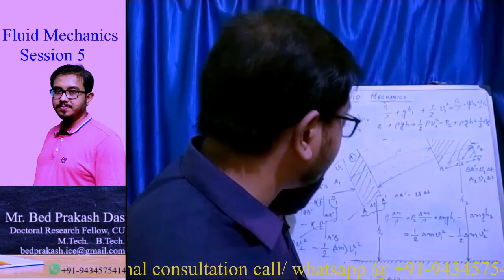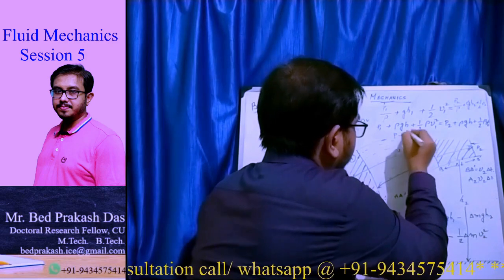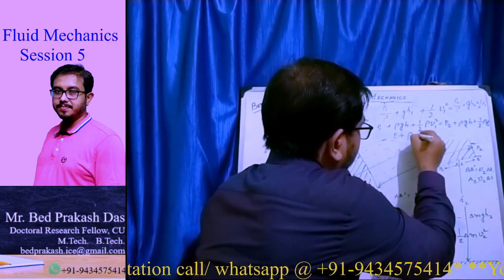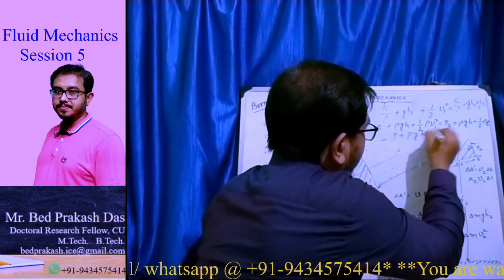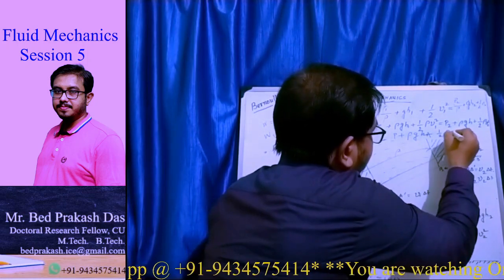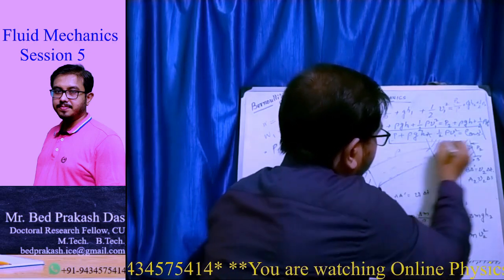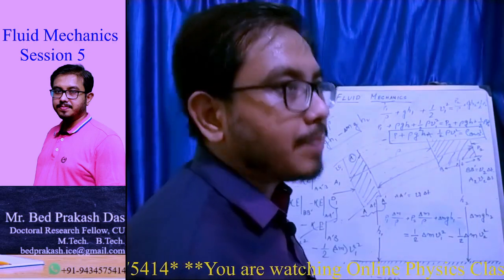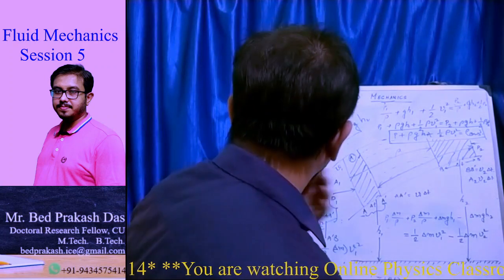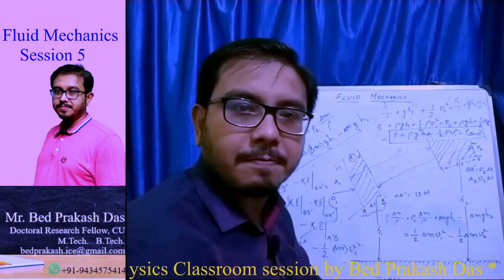So in other terms, we can write that the pressure energy, the gravitational potential energy plus the kinetic energy is constant throughout the total travel path of the liquid. This is the net derivation of Bernoulli's principle.